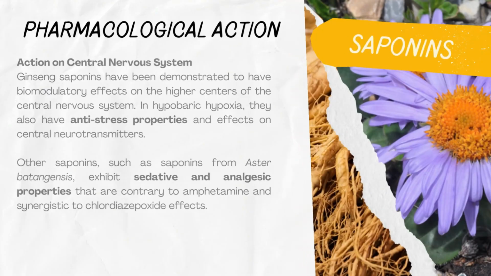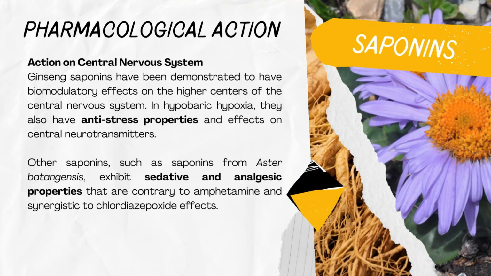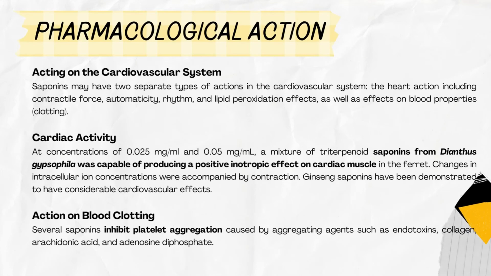For the pharmacological action of saponins on the central nervous system, ginseng saponins have anti-stress properties and effects on central neurotransmitters. Saponins from Aster batangensis exhibit sedative and analgesic properties that are contrary to amphetamine and synergistic to chlordiazepoxide effects. On the cardiovascular system, saponins may have two separate types of actions.